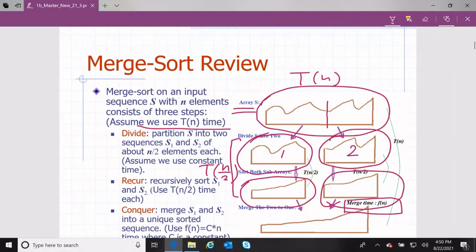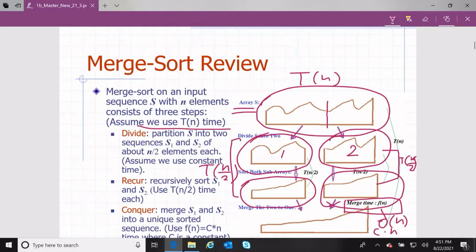The same thing for the second part, T of n divided by 2. We can assume the merge time is O(n), which is C times n.